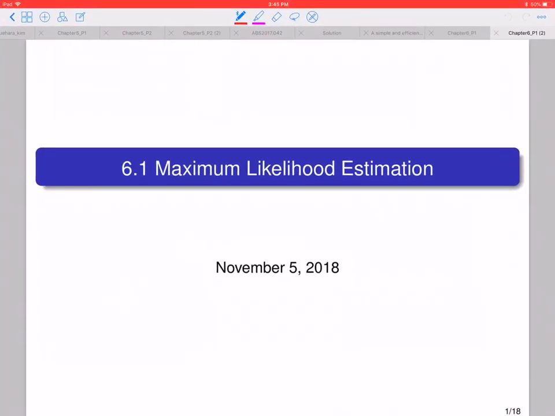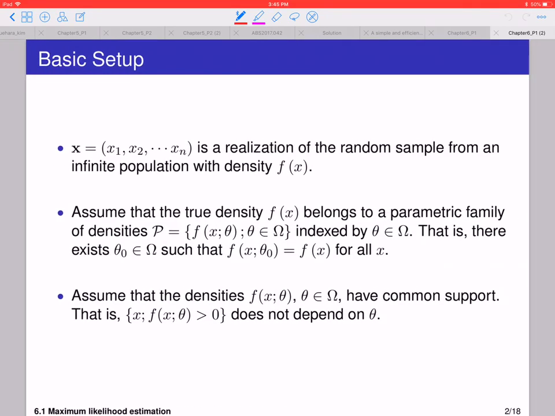Hi, so today we'll study maximum likelihood estimation in section 6.1. So we have data of size n, and this data comes from a distribution with a density f.